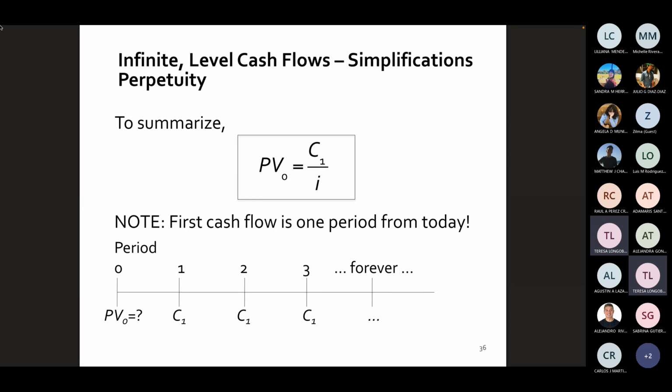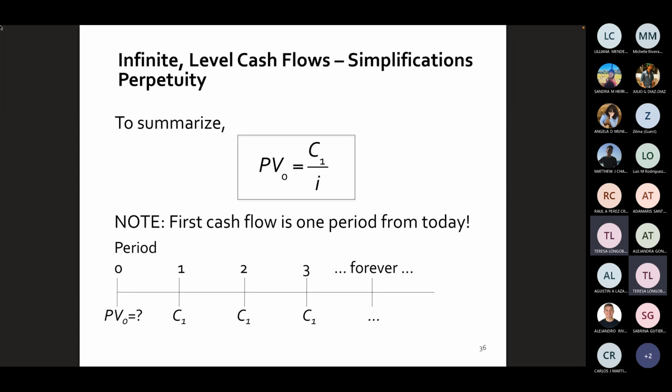Notice, and I emphasize, obviously C1 is important, and that's forever, divided by I from the logic that I gave you. But you could prove this also using mathematical infinite sums equations, but I'm not going to get into that. I'm just going to use this simple argument that I made on the other page.